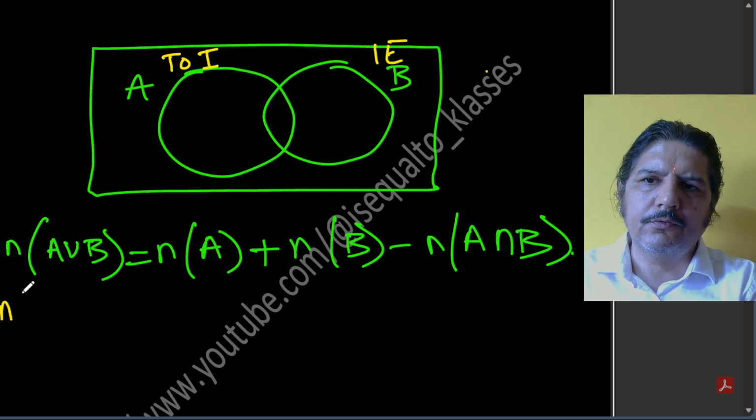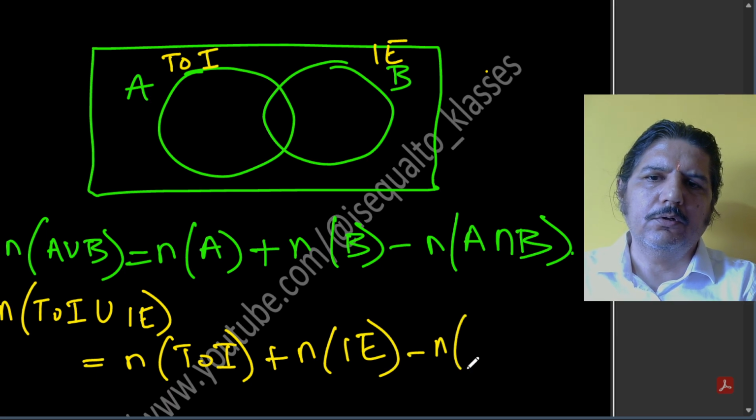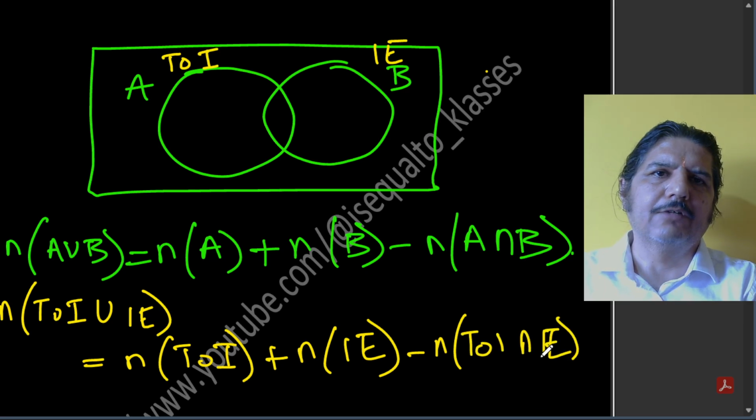So basically this is N(Times of India union Indian Express) is equal to N(Times of India) plus N(Indian Express) minus N(Times of India intersection Indian Express).